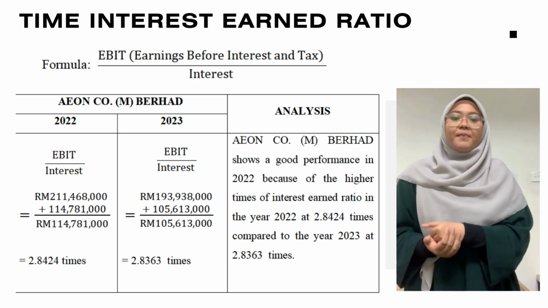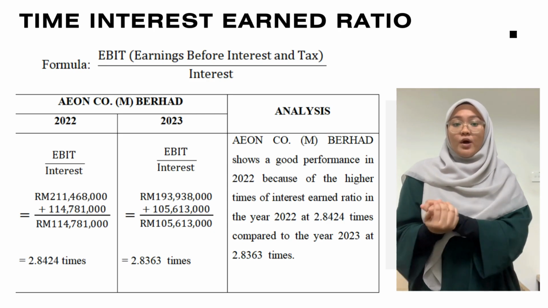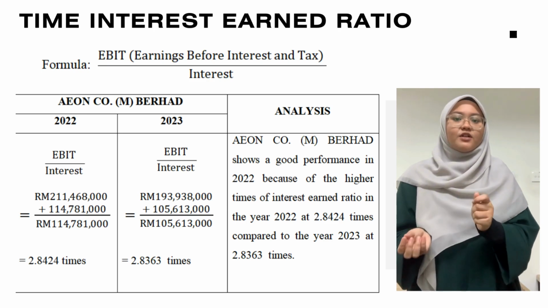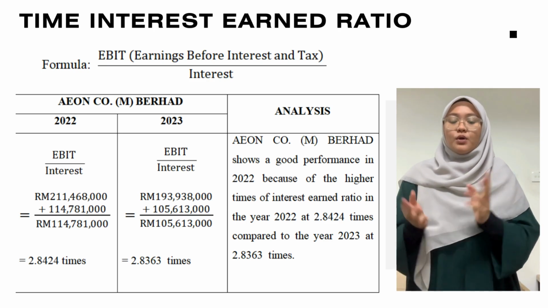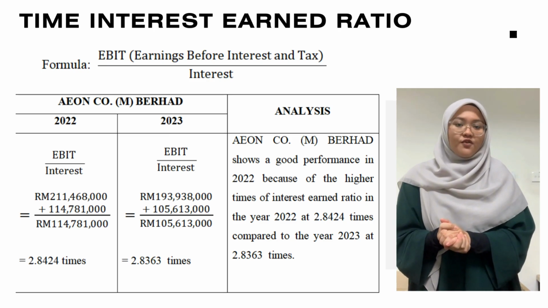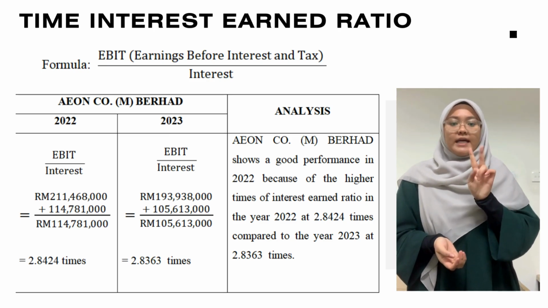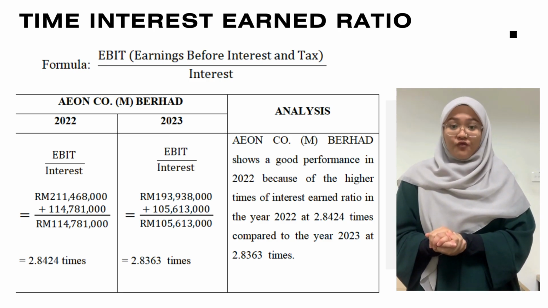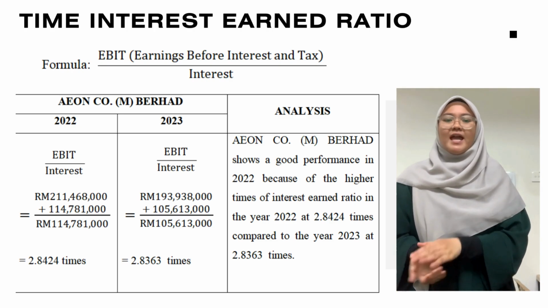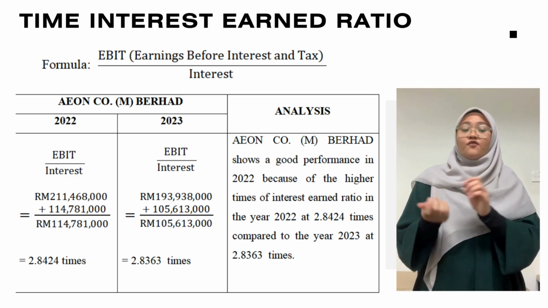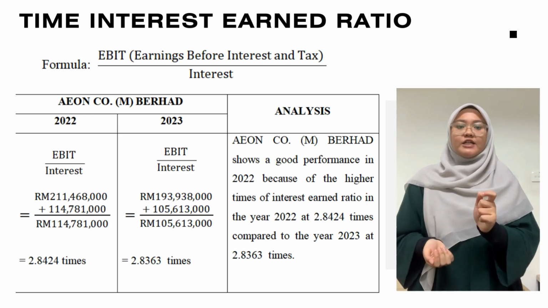We will divide that by the interest, which is RM114,781,000. We will get the time interest earned ratio for the year 2022 is 2.8424 times.